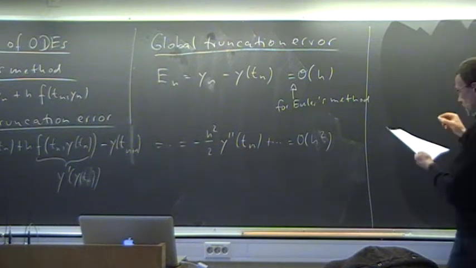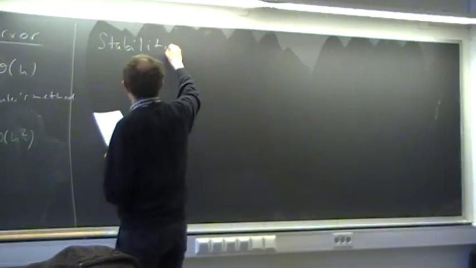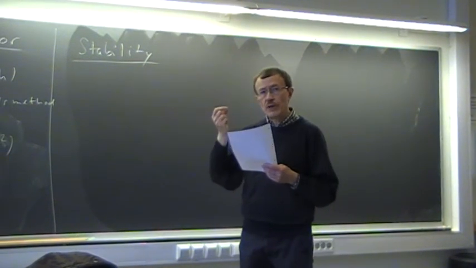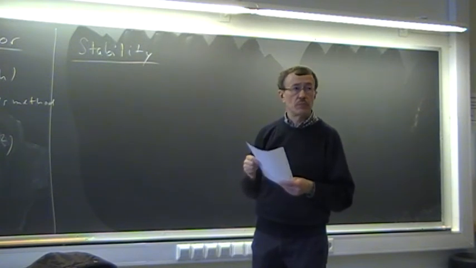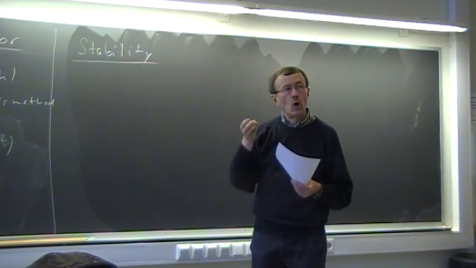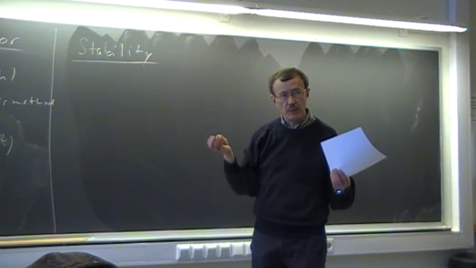So, stability. For stability of an ODE, we want to check whether perturbations, always imagine rounding errors, are amplified by the numerical method or damped. If they are amplified, the numerical method is unstable.